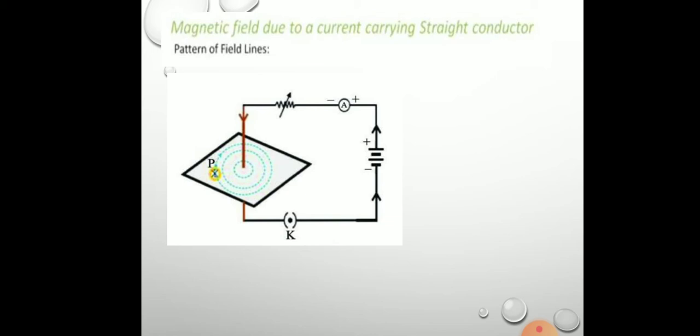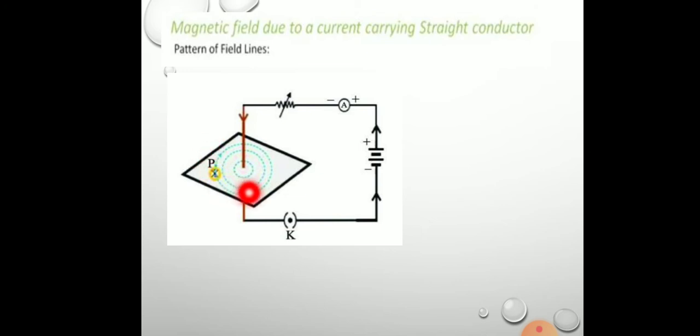And the third observation: on increasing the current by varying the variable resistance, what happened? By decreasing the resistance, the current was increased. So by increasing the current in the wire, the magnetic field lines become denser.